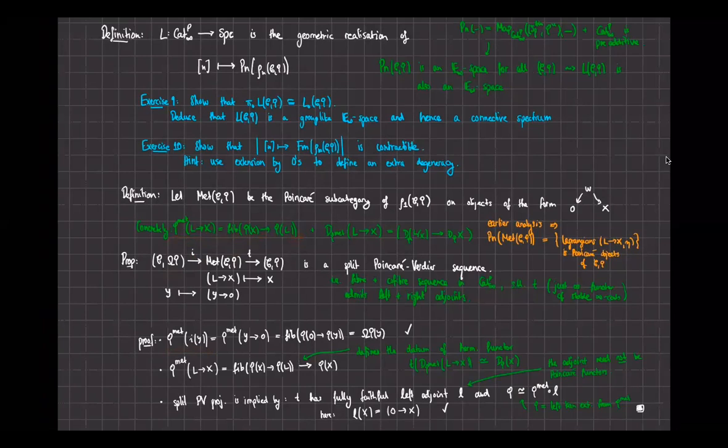It's going to be given by Q-met of y mapping to 0, that is the fiber of Q of 0 to Q of y. And Q of 0 is 0 because Q is reduced. So this is really the loops on Q of y. And of course, this is a canonical identification.